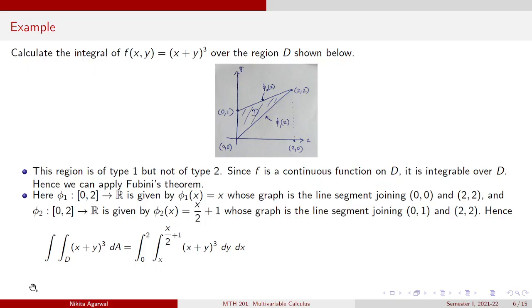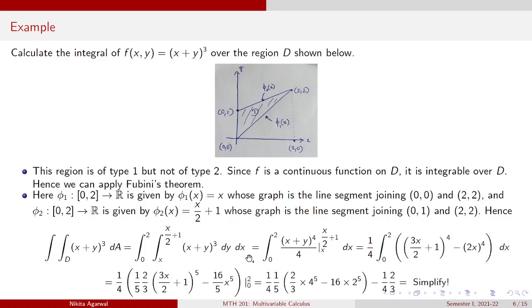Now from Fubini's theorem, integral of this function over D is nothing but, now you take the x limit which is going from 0 to 2 and y limit goes from phi 1(x) to phi 2(x). So phi 1(x) is x, phi 2(x) is x by 2 plus 1. Integrate the function dy dx.